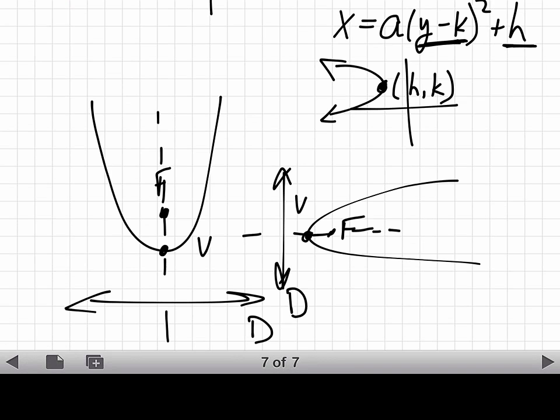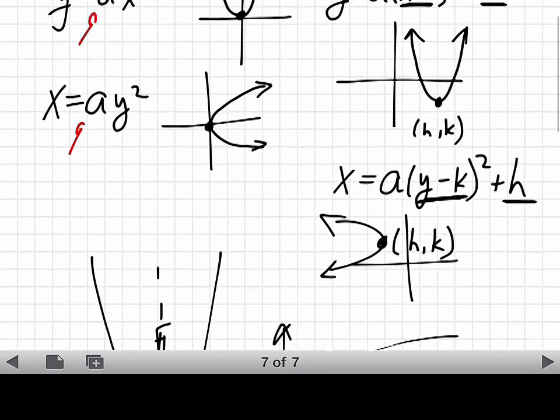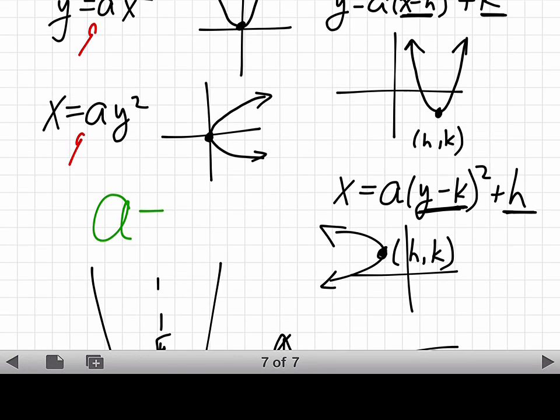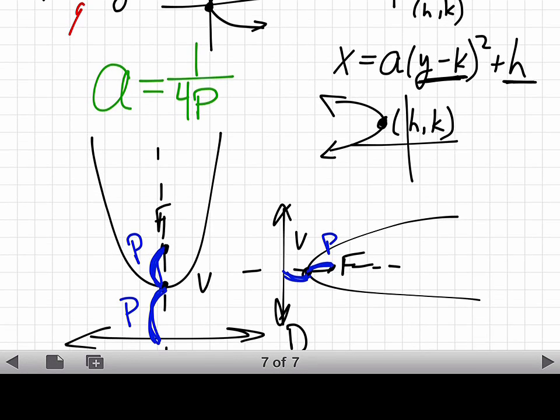And the distance between the focus and the vertex is what we call p. It's also the distance between the vertex and the directrix. We use the same p in the case of a vertically or horizontally oriented parabola. And in all of these cases, a is equal to 1 over 4p. Finally, 4p is the width of the parabola at the focus.